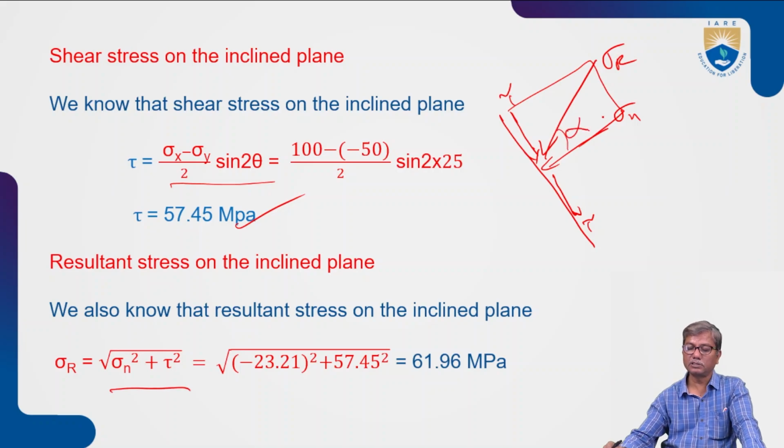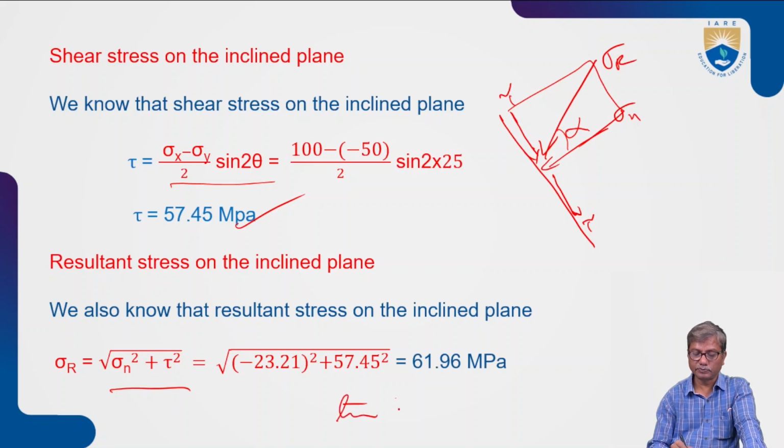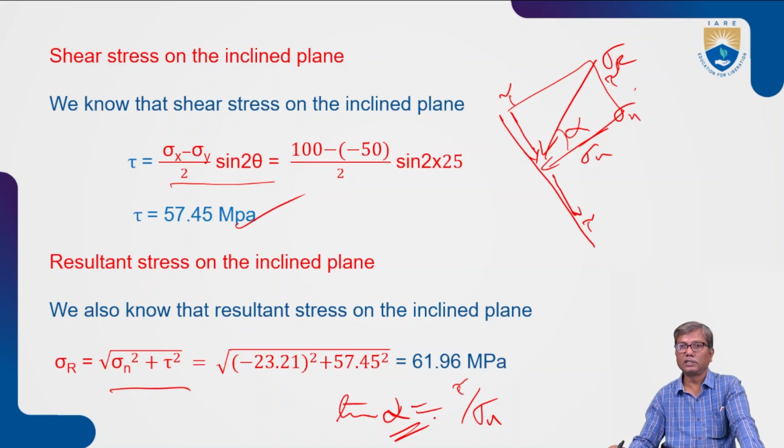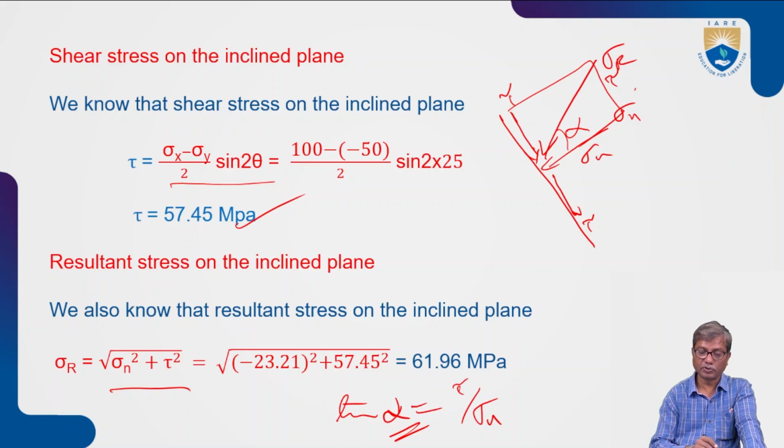And what is the inclination of this with the normal? Tan alpha. We will find tan alpha as tau by sigma n. This gives alpha, the direction of resultant force. Inclination of resultant force.